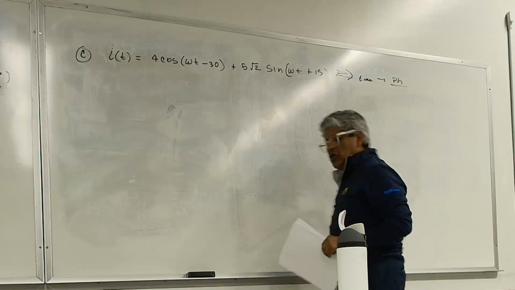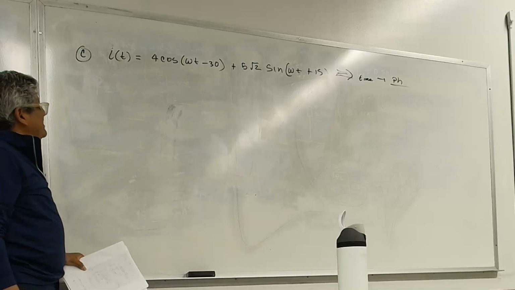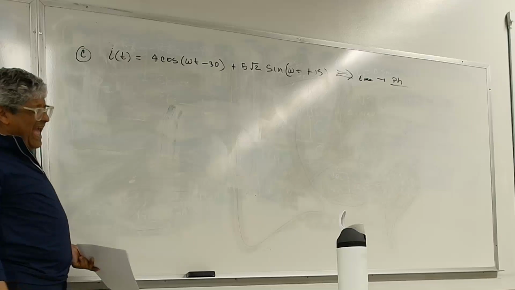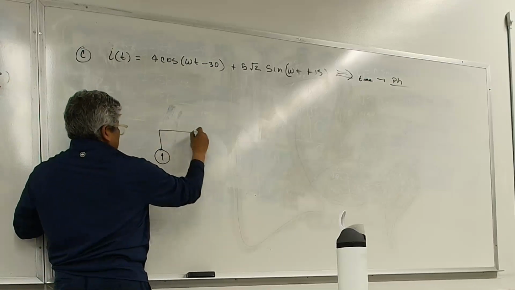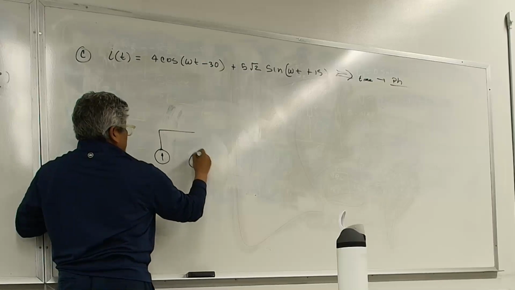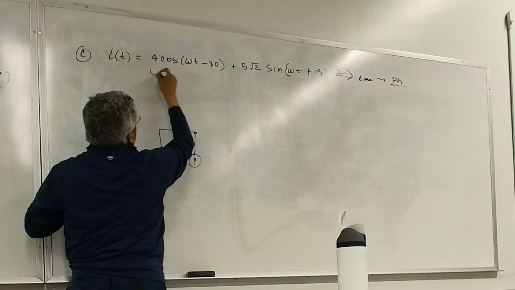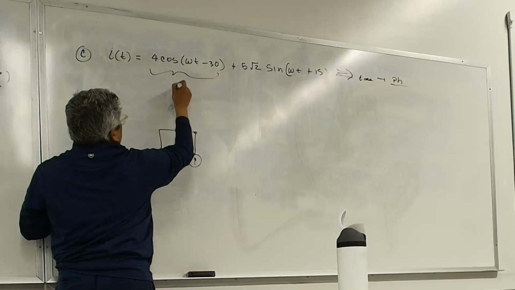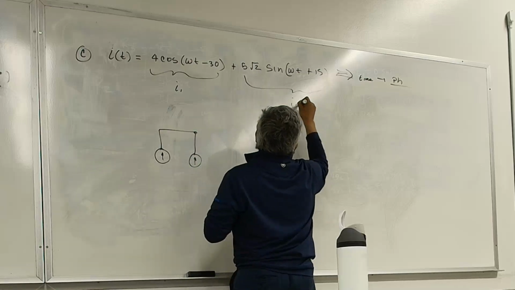This looks funny, but is there such a thing? Yeah, you can think of two current sources adding, and I'm going to call this I1 and this I2.